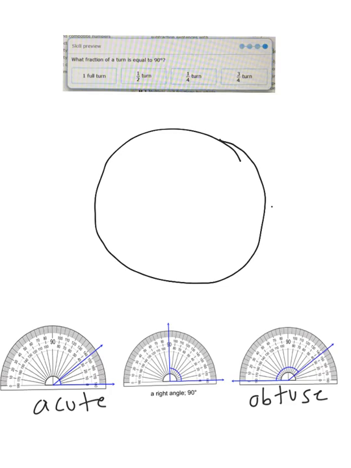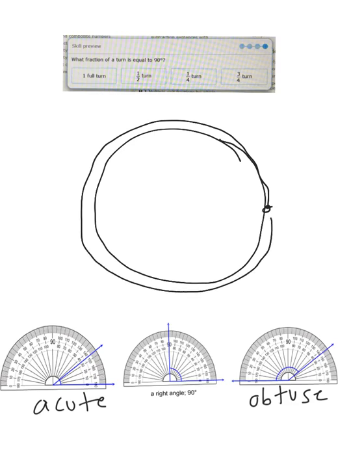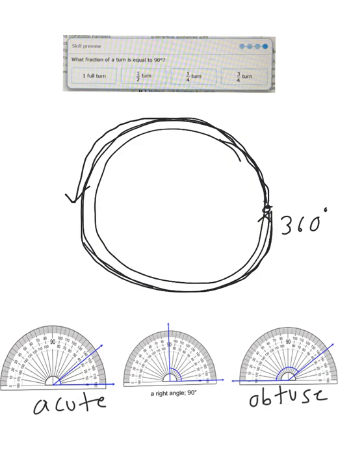If I started here and turned all the way around, going all the way around and facing the same way again, that would be 360 degrees. If I was facing the whiteboard in the classroom and turned all the way around until I was back facing the whiteboard again, that'd be a 360-degree turn, a full turn.